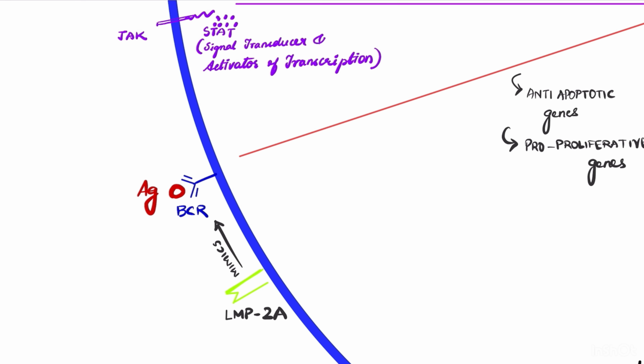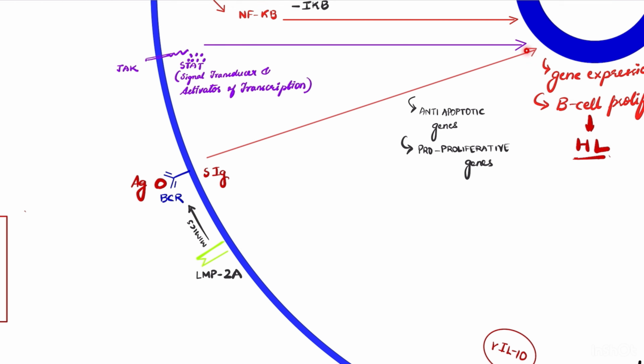Whenever a specific antigen binds to the B cell receptor, it will send a signal to the nucleus and cause production of anti-apoptotic genes. Anti-apoptosis means the B cell will not undergo apoptosis, it will survive.